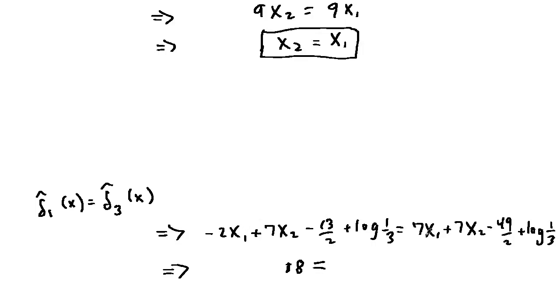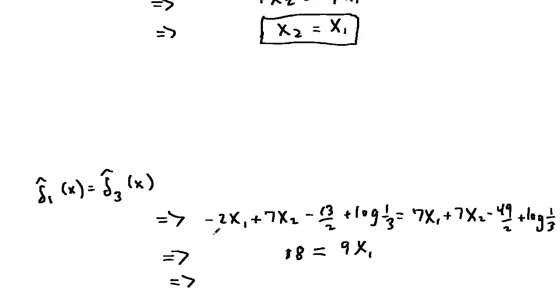Bring the 2x1 over, we get 9x1. So divide out by the 9, and we get x1 equals 2. So the line that decides between classes k1 and k3 is given by x1 equals 2.